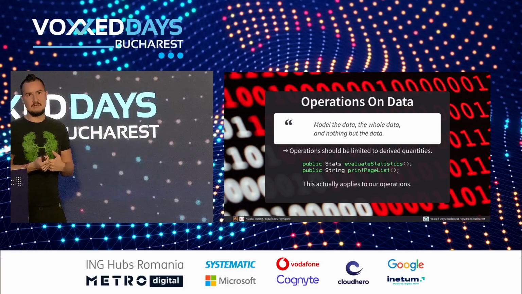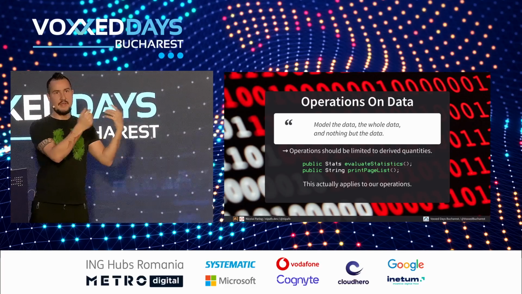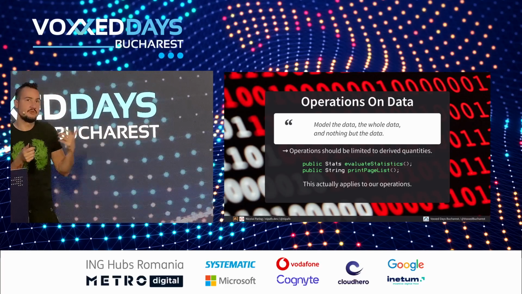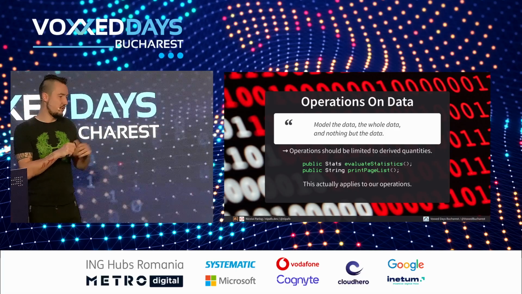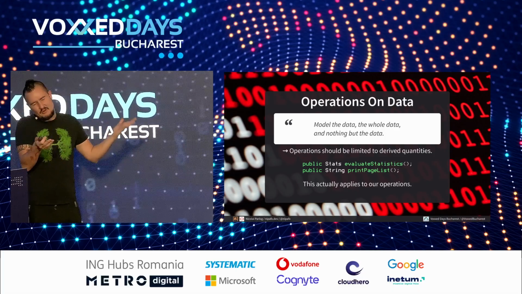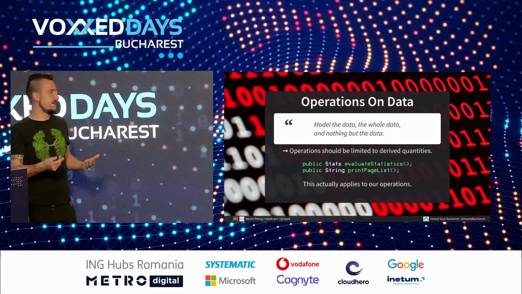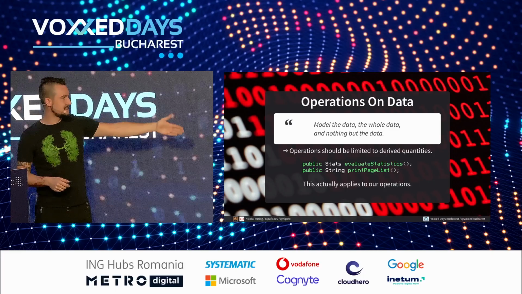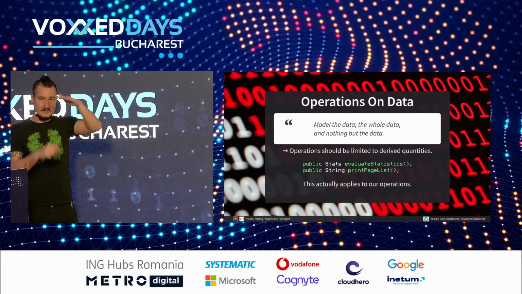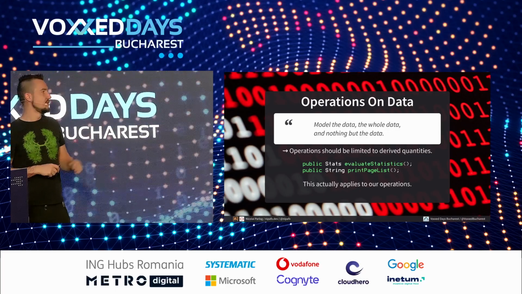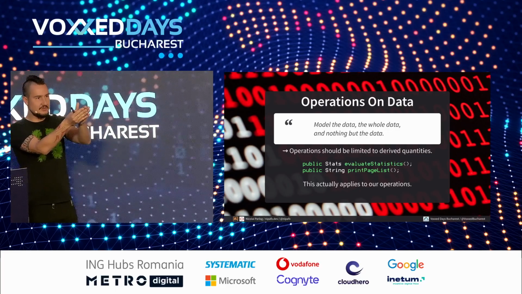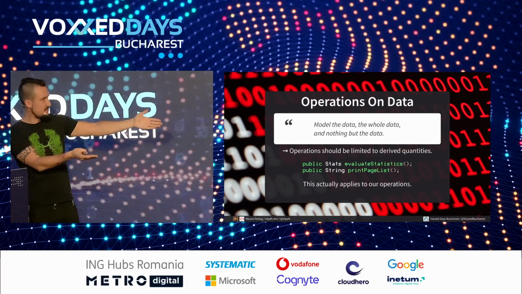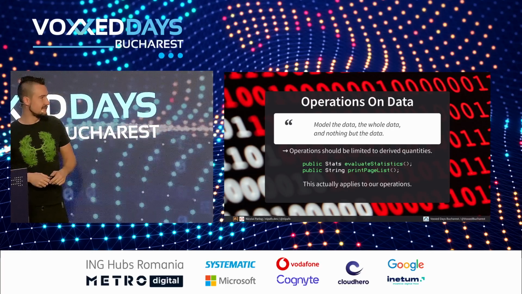If you say to a page, give me a URL, you could argue that's behavior, hardly. But if you tell it to give you the host of the URL, it's still not really behavior, but it does a little bit more already. And if you just want to evaluate some statistics or return a string that you can pretty print, you could argue that these are also basic derived quantities. You can just look at one page and create this representation as a statistic or as a string.